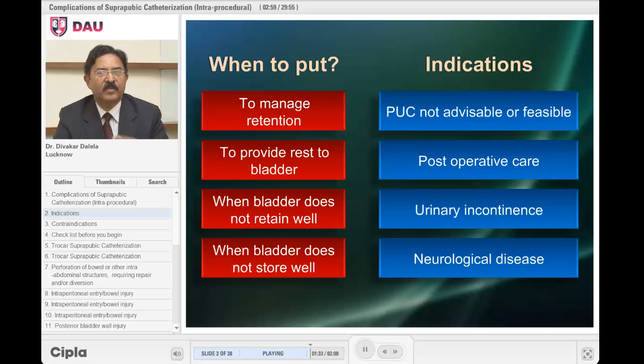The compliance of the urinary bladder is bad, and this allows higher intravesical pressure, which is detrimental to the health of the upper urinary tract. So you want to put a suprapubic catheter, and this situation arises in some patients of neurogenic bladder. So these are the group of indications for which you have to place a suprapubic catheter.